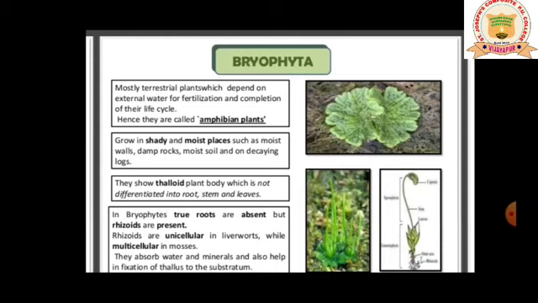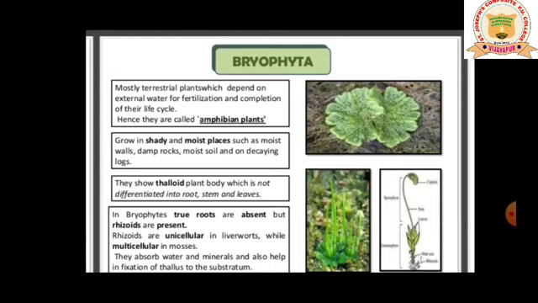Logs means the broken branches of the trees, the huge branches or huge trunks of trees which have fallen down. So Bryophytes grow in shady places. They need moist places, they need damp rocks, and mostly they grow on decaying logs.